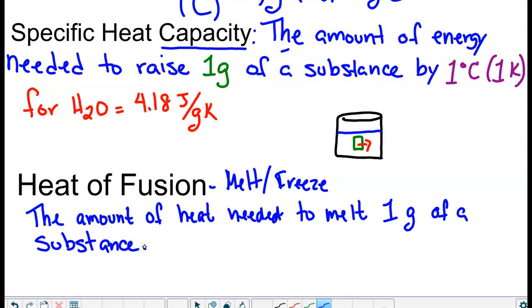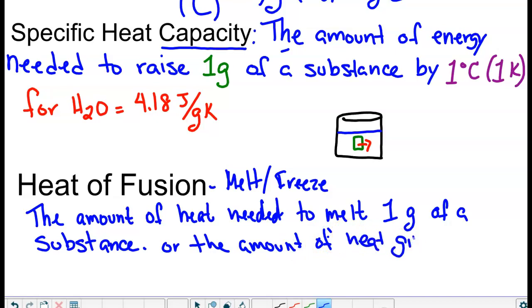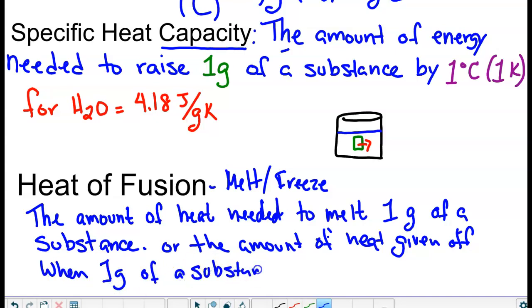So when I say the amount of heat needed to melt 1 gram of a substance, we're assuming that would be an endothermic process. But we can also say the amount of heat given off when 1 gram of a substance freezes.